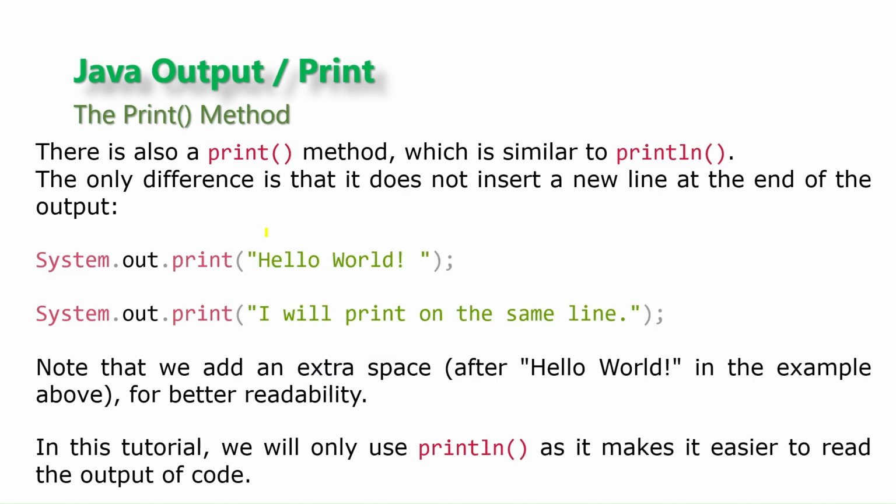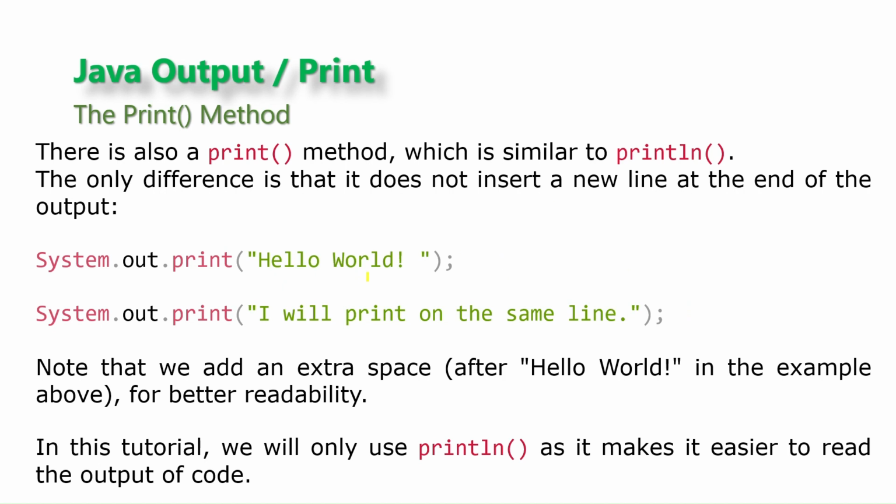And the print method is also one of the methods to display the required message on the output screen. There is a print method which is similar to the println method. The only difference is that it does not insert a new line at the end of the output. System.out.print Hello World, System.out.print I will print on the same line. Instead of print, if we use the println method, it will give two sentences as output in separate lines.